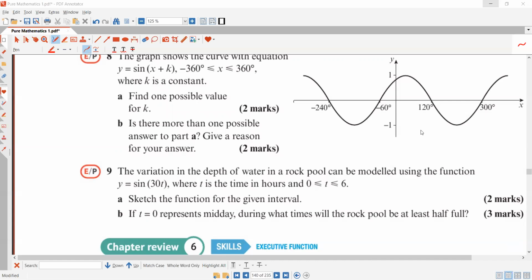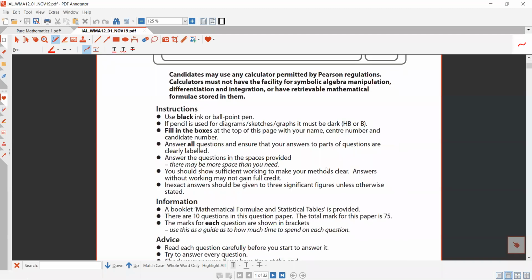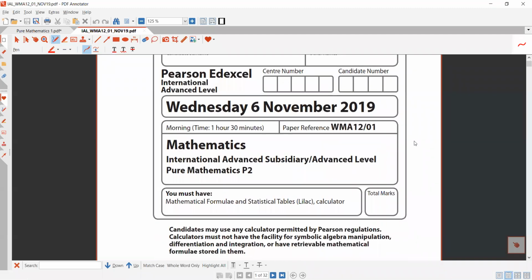The screen sharing is paused. A-level maths, AS maths, October 2020, or rather October 2019. WMA 02, WMA 12, it should be there, if I'm not wrong. That is P2, right? 12. Okay, this is P2. Everybody can see the paper, right?